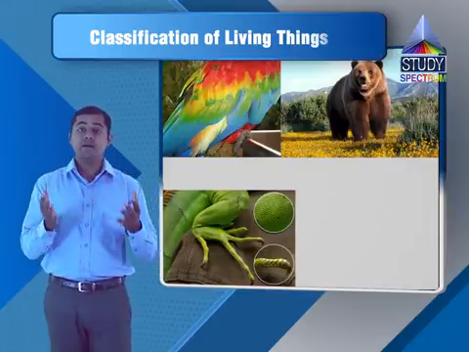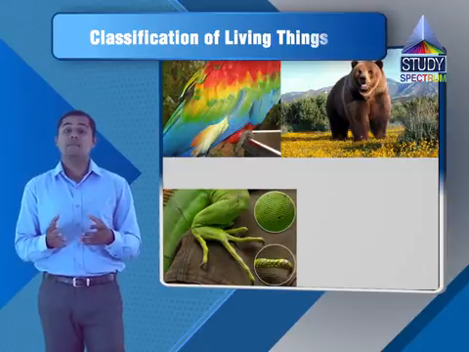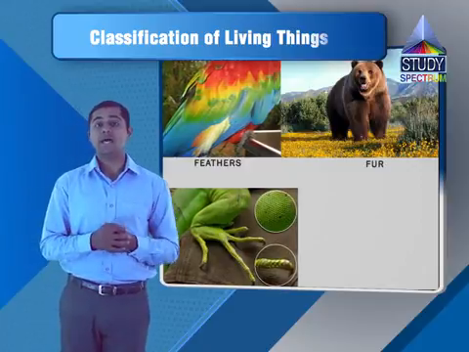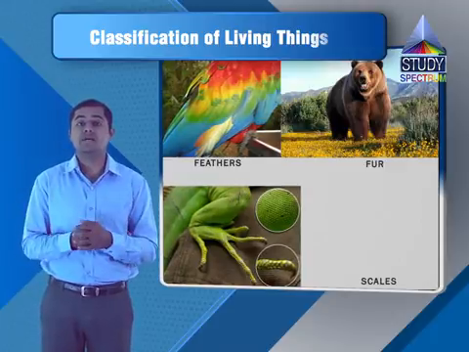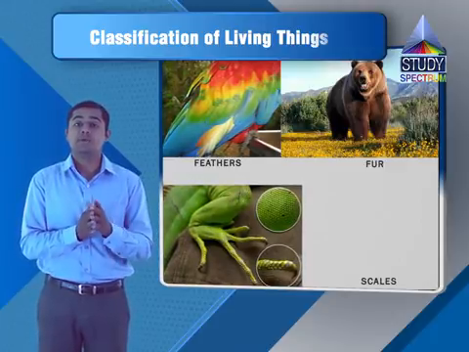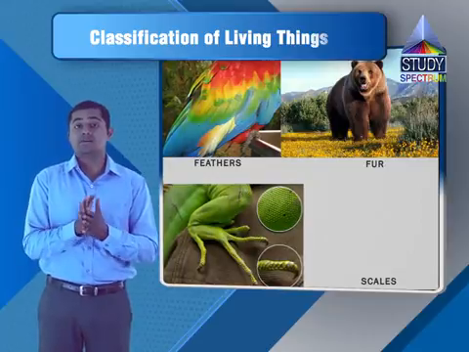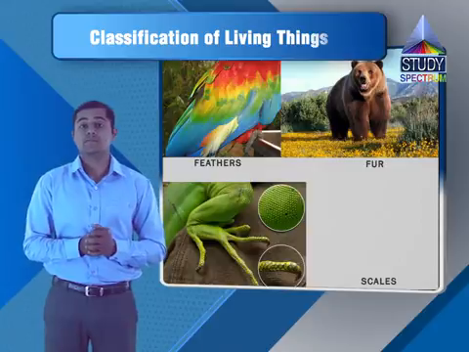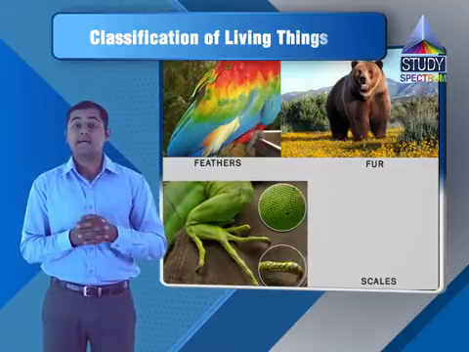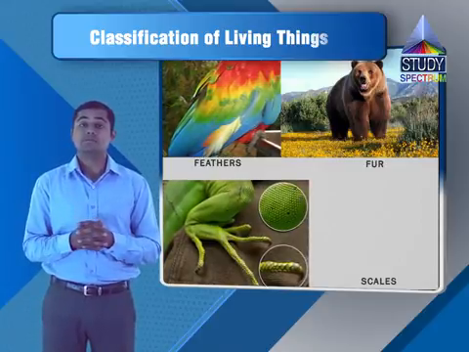According to the covering of the body, we have made another classification of the animals. The animals which have scales on their body, for example, fishes, lizards, snakes, those are classified as animals with scales. But what about the tigers, bear?